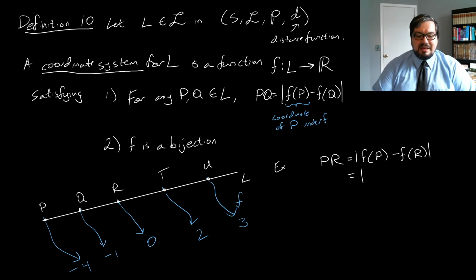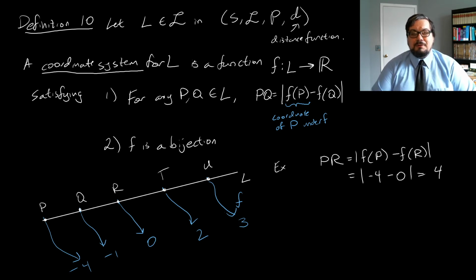Now, f of p we see is -4, and f of r is 0. So we get the absolute value of -4 minus 0, which is 4. So we see that the distance between p and r is 4.